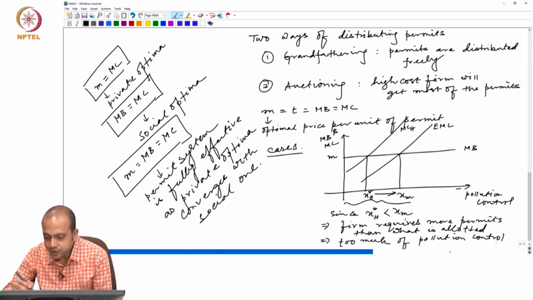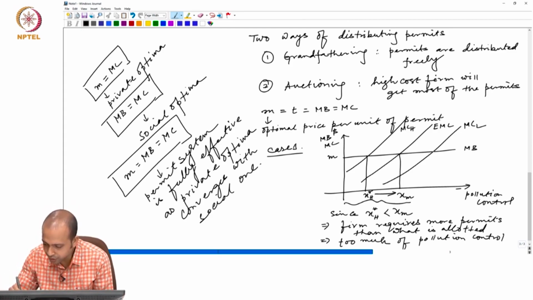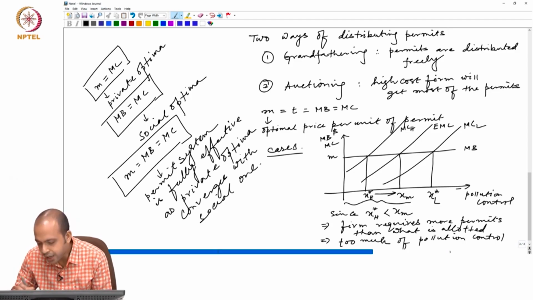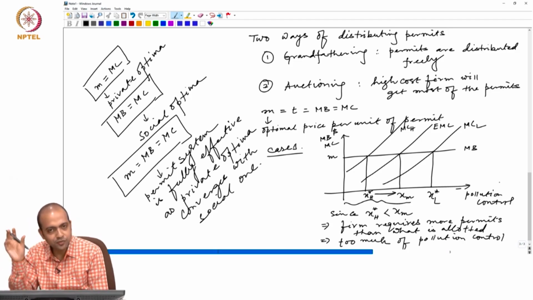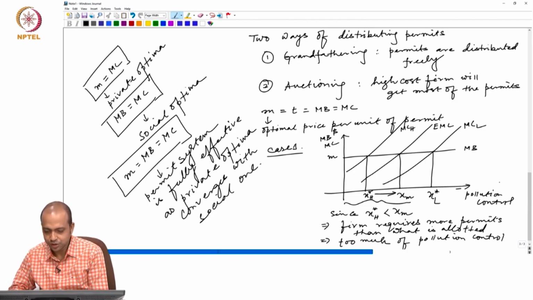Now, if the actual marginal cost is lower, let us say this is MCL, then the firm can abate up to here, this is let us say XL star, and only for the rest of the amount the firm requires permits. So, the firm requires fewer permits.